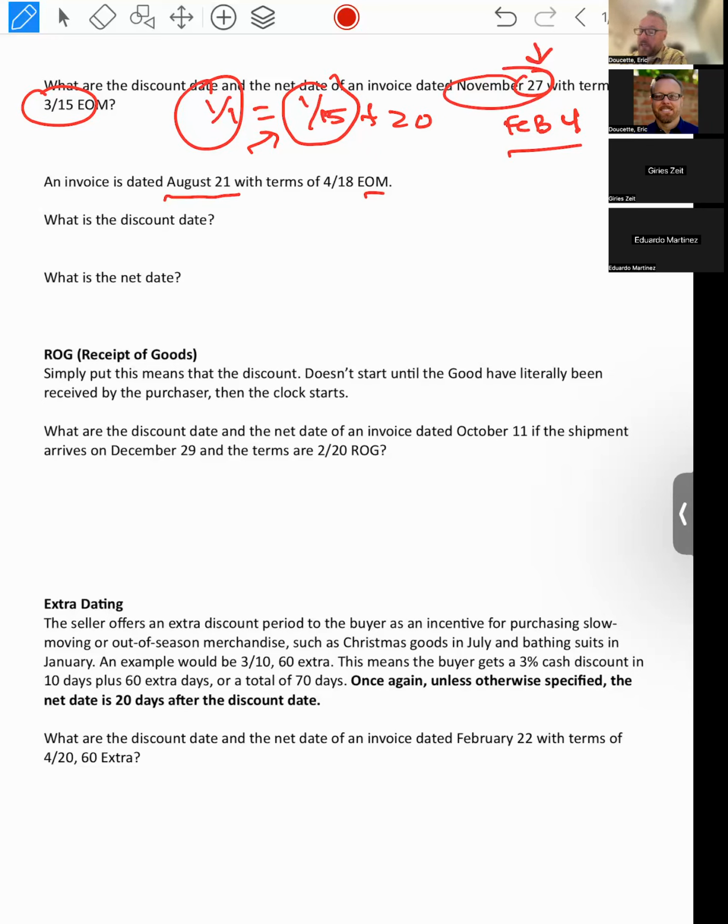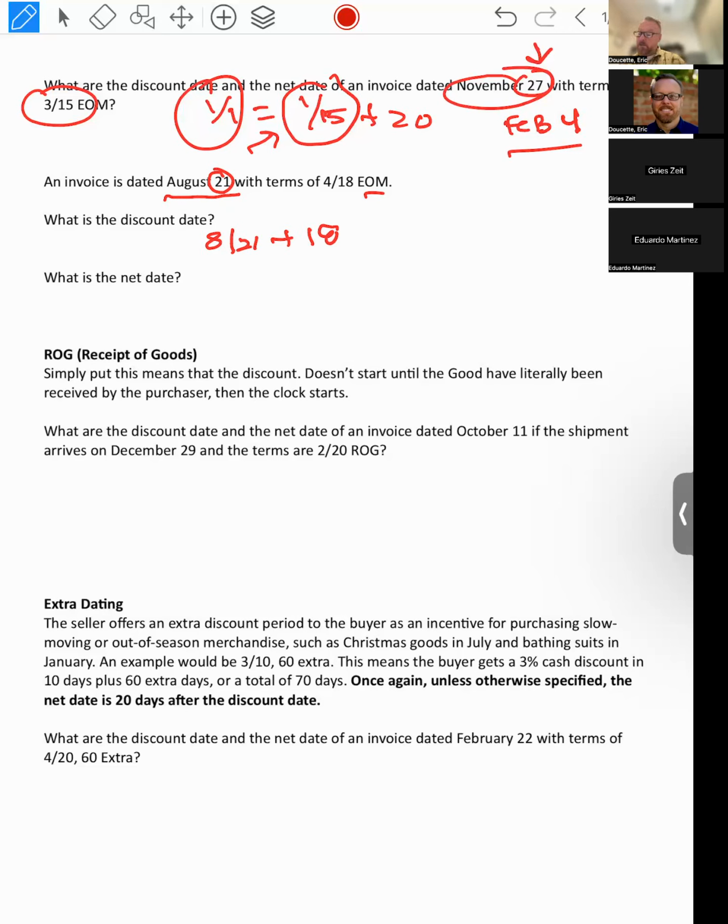So an invoice is dated August 21st. That's before the 25th, right? You get 4% discount in 18 days. What is the discount date? So I would get my calculator out or my calendar out and count all the days.